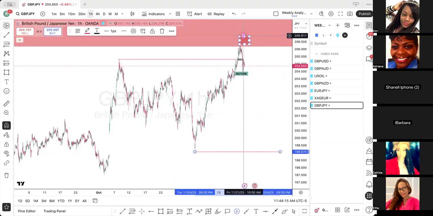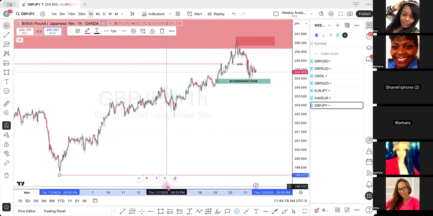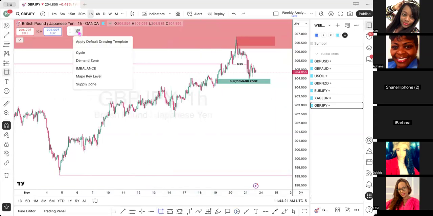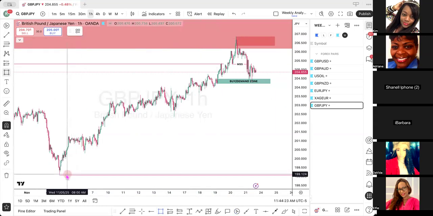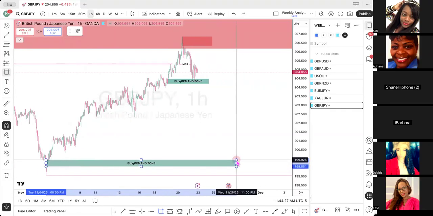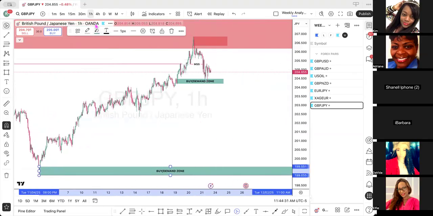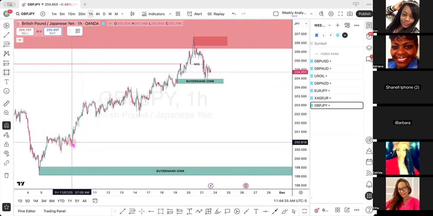Of course, this is the swing high. And then we have several demand zones that I would be looking for price to sell back down to. So you have this zone here, and then we have this zone here.